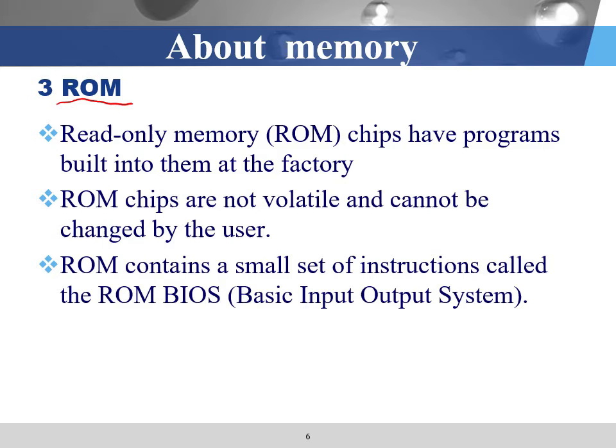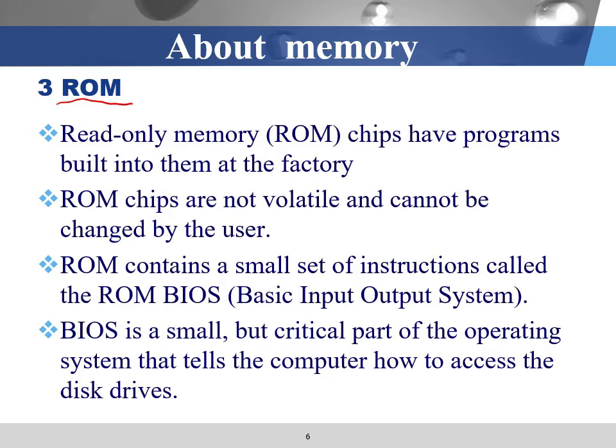The ROM contains a small set of instructions called the BIOS, the Basic Input and Output System. It is an important small system that helps verify your system configuration and load your operating system. It is a critical part of the system.